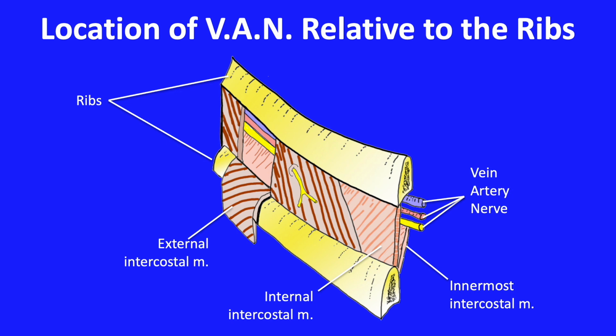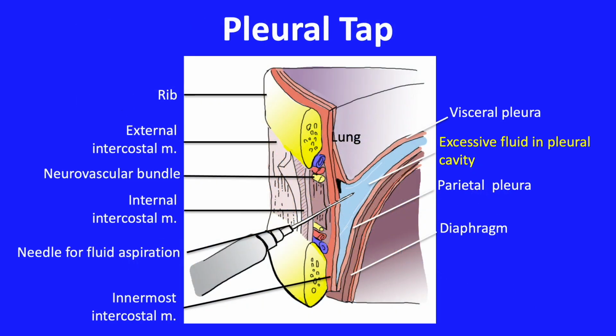And why will you need to tattoo this clinical pearl in your memory forever? Perhaps someday you will need to perform a pleural tap to remove fluid from the pleural cavity of a patient or insert a chest tube to save a life. You will want to introduce the needle or trocar above the rib, not below it, to avoid injuring the neurovascular bundle.